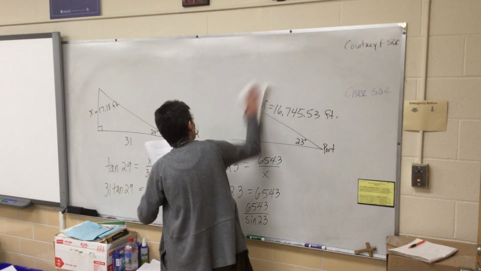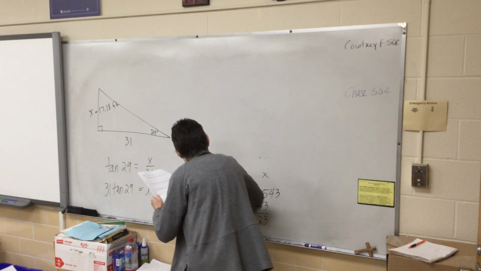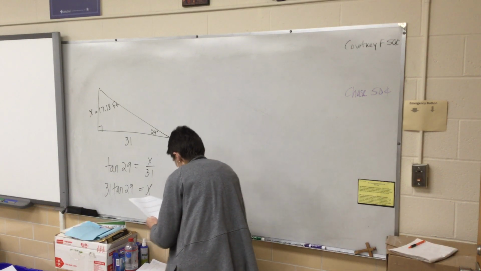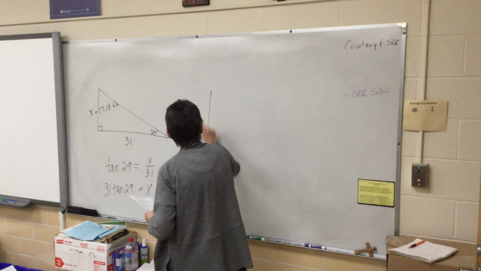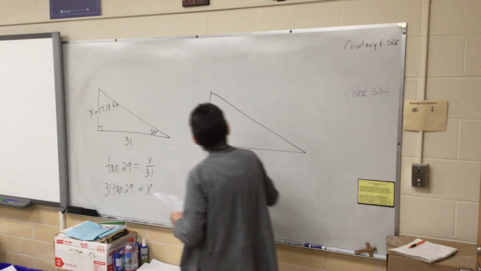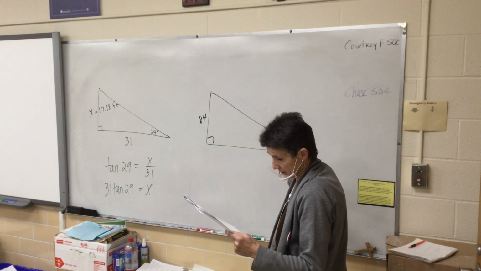What is the angle of elevation of a man looking at the top of a building that is 84 feet tall? The building is 84 feet tall. I want to know the man's angle.